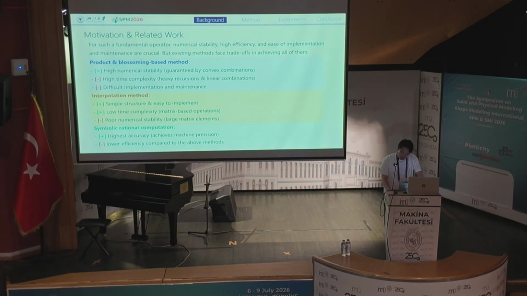On the contrary, the interpolation method is highly efficient and easy to implement using matrix operations, but it suffers from poor numerical stability due to large matrix elements. Finally, symbolic rational computation provides machine precision, but its efficiency is much lower.